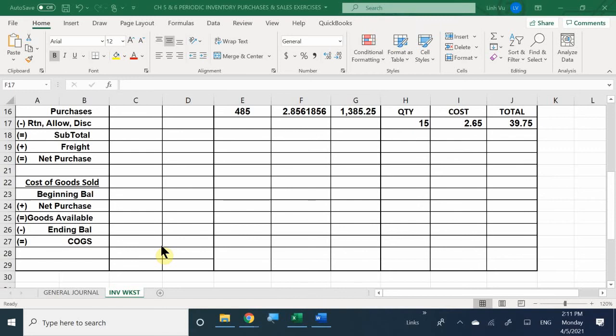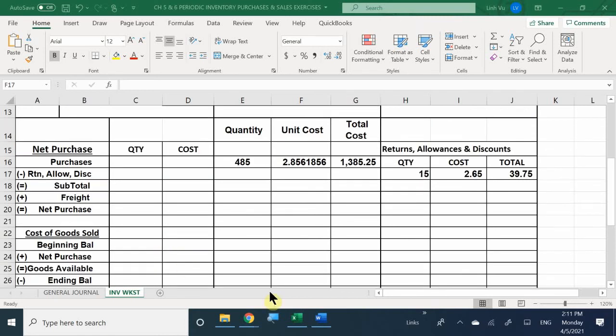Then we make the assumption, if this is what I have left, this is what I returned, and this is what I purchased, then I must have sold everything else. Not the best measurement of doing business, but it exists.